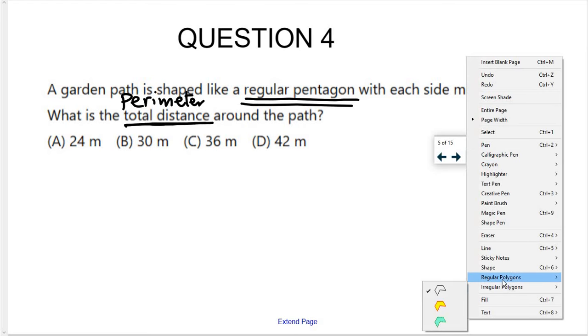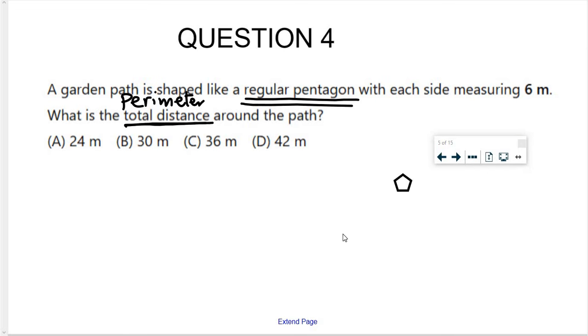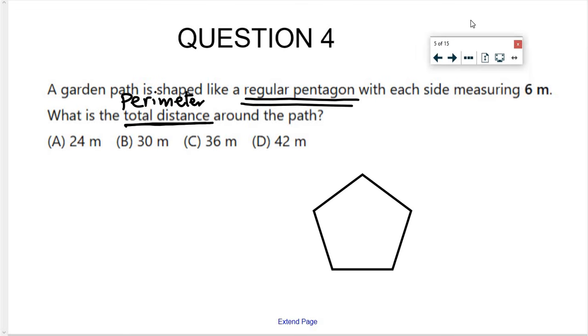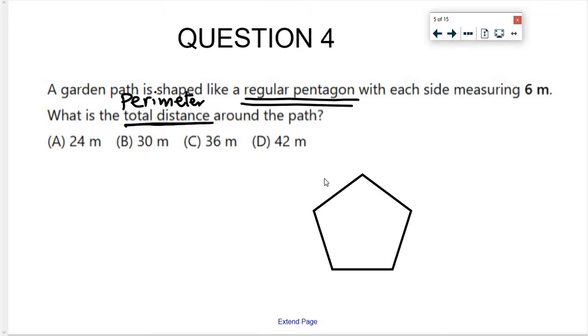So what you are supposed to draw is a regular pentagon, and each side measures 6 meter, 6 meter, 6 meter, 6 meter, 6 meter. And the question is, what is the total distance around the path? Meaning, what is the perimeter of this regular pentagon?